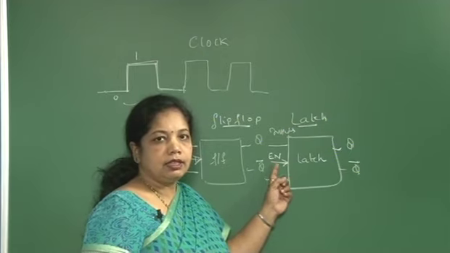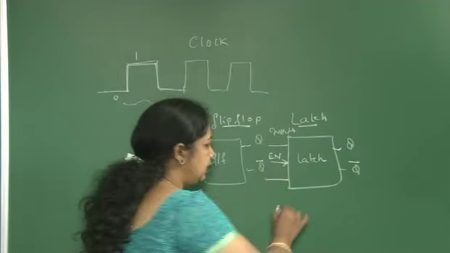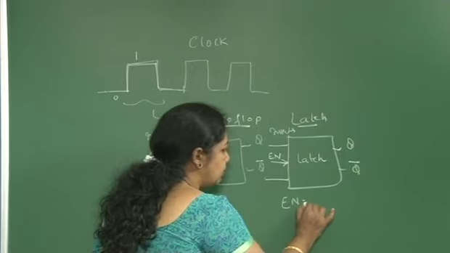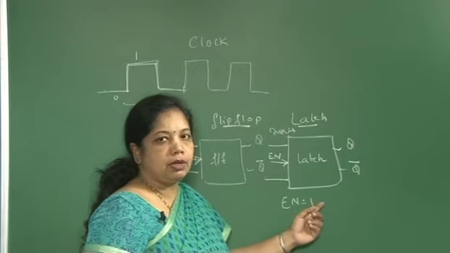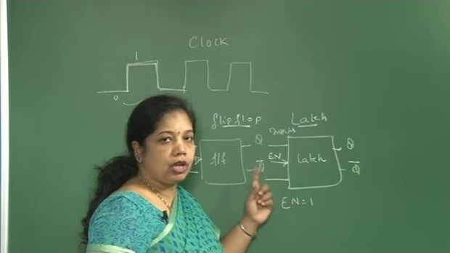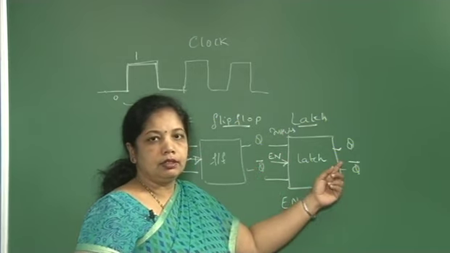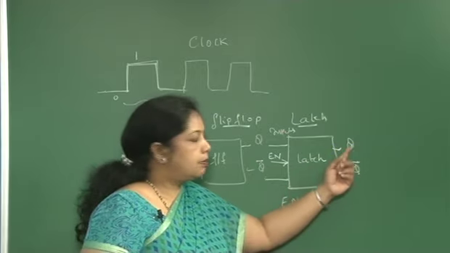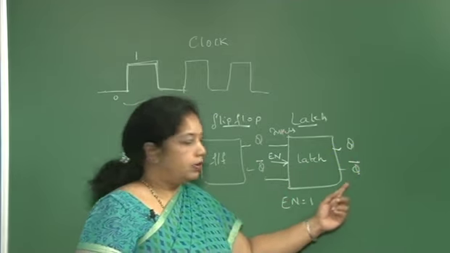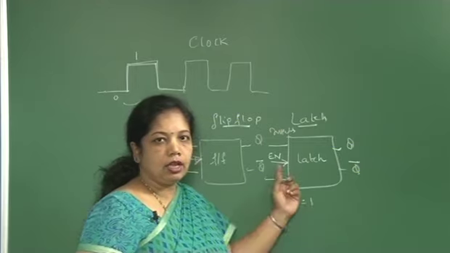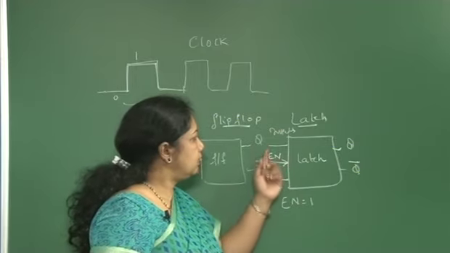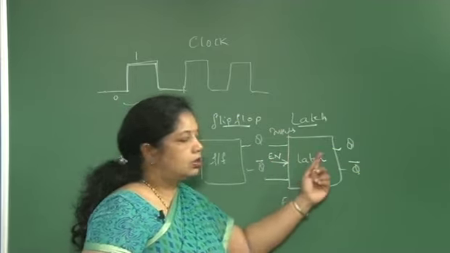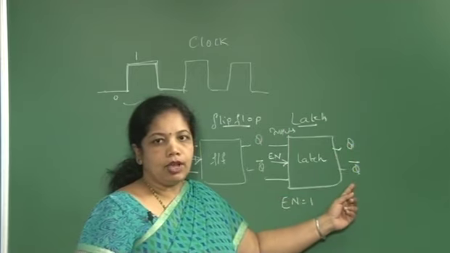Enable is nothing but a signal; I am going to give enable as 1. If I am giving enable as 1, then whatever input I am giving is sampled at the output side, based on the operation of the kind of latch I am using. Whenever the enable is on, you are transferring the inputs, and based on the inputs we get the output values.